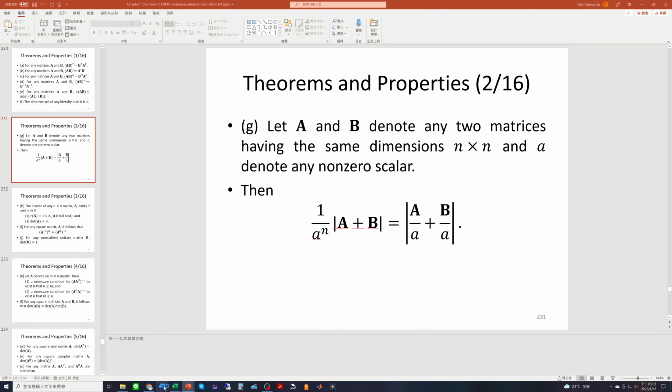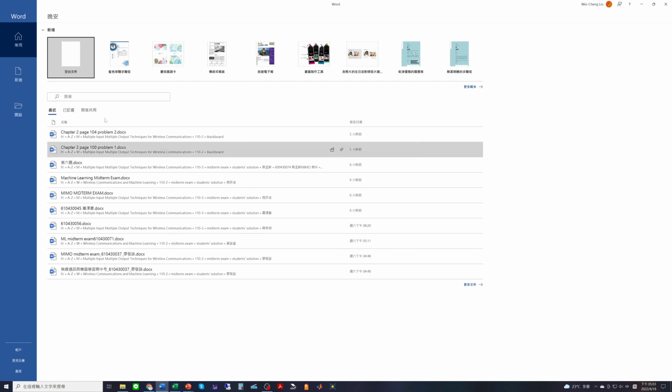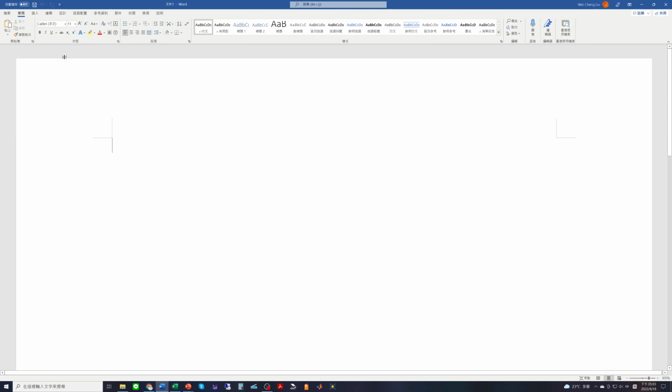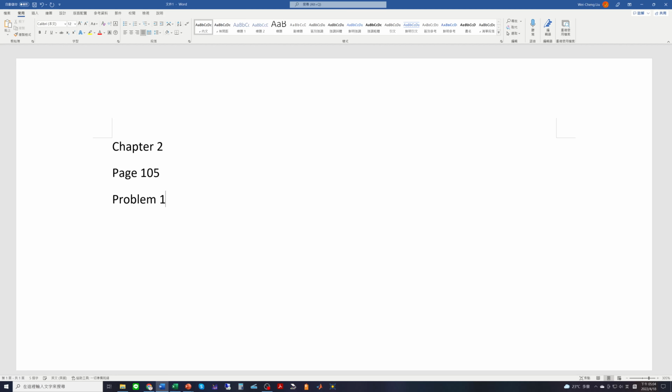Please see the blackboard. Again, I do not have a blackboard, so I use Microsoft Word instead. Chapter 2, page 105, problem 1: derive equation 2.33.